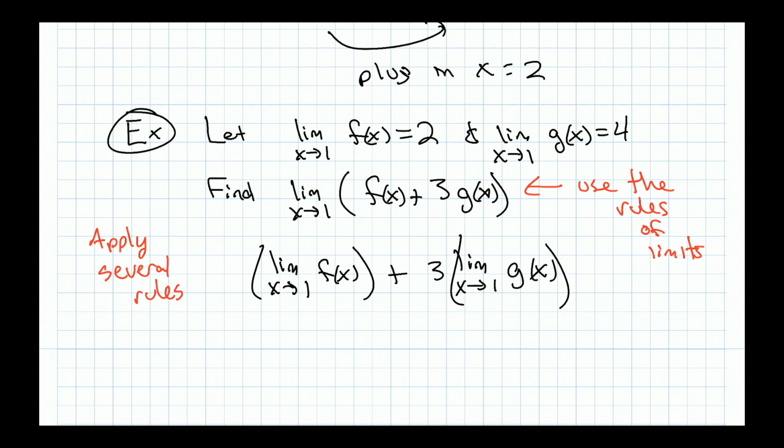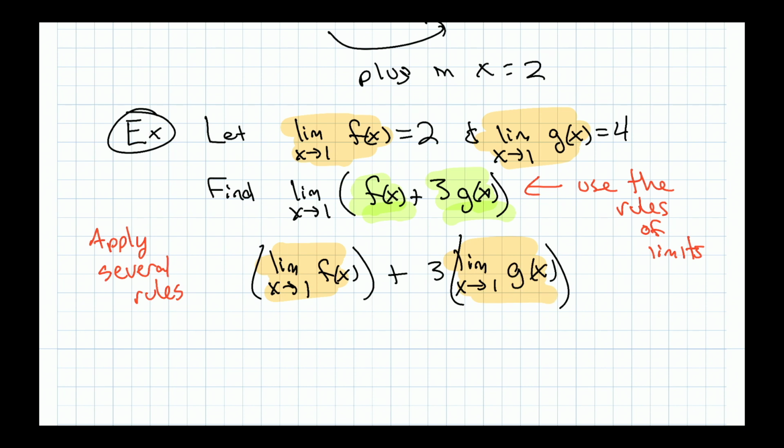I split up the sum, and then after I split up the sum, I took the 3 out of the second one. Okay? So you apply the rules, you get here, and then the point is that they told you what this limit is and what this limit is. And they're here and they're here. So you just fill in the numbers.